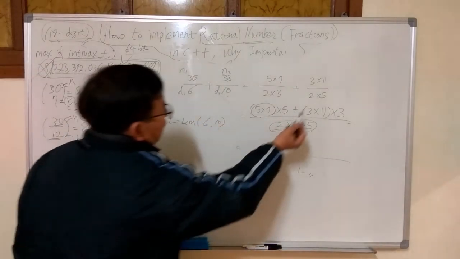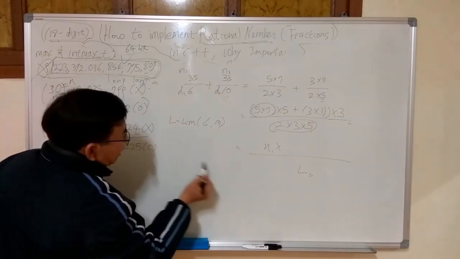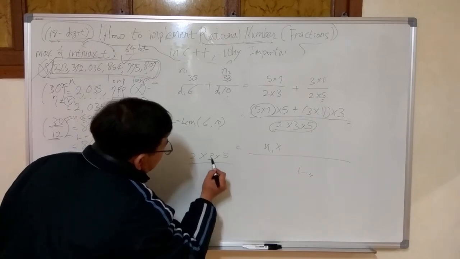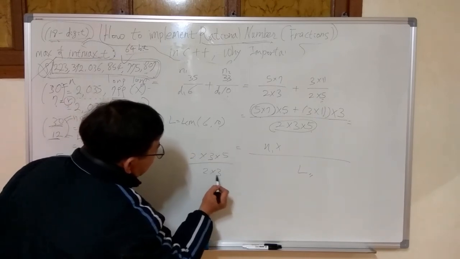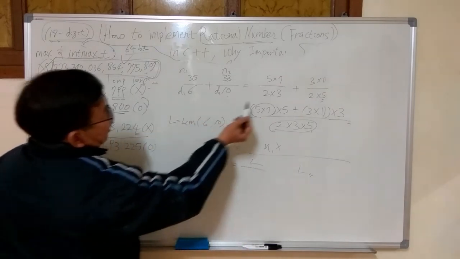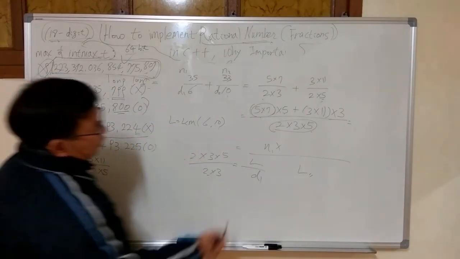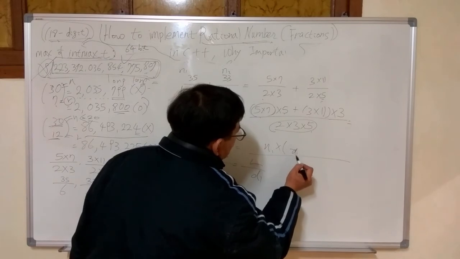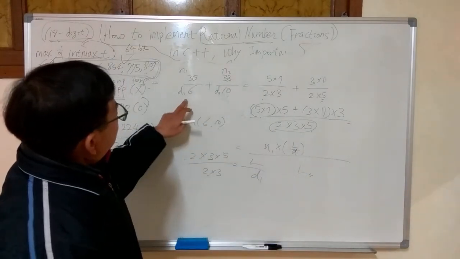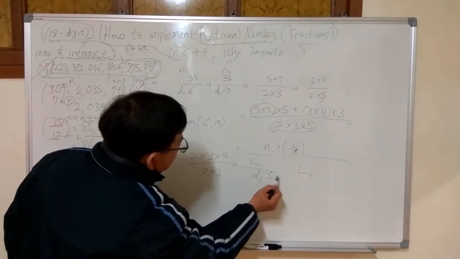How do we get 5? We have to say 2 times 3 times 5 divided by 2 times 3. It means this is L, and this number is D1. So it means L over D1. D1 is this number, then it is 5. Right?